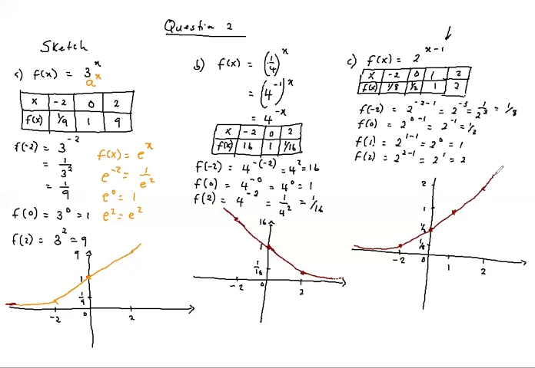Okay. But one thing to note is that the first initial graph crossed at 1. But this time around, it has been moved by 1 step to the right. So it's like a phase shift when you're dealing with trigonometry. So you're shifting it to the right.